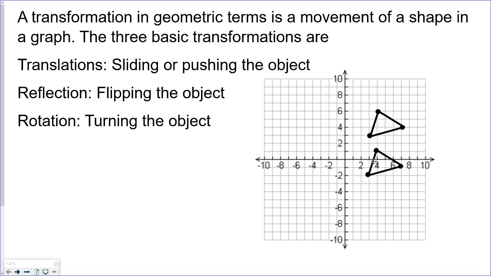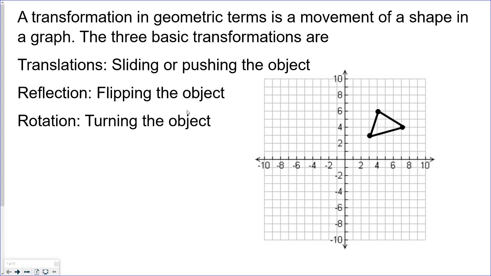If I slide it down and to the right, it's a translation. Down to the left is a translation. So translations can get you pretty much anywhere on the graph because you're simply taking the points and moving the object from one spot to another. No real big secret there. So a translation is a slide or a push.